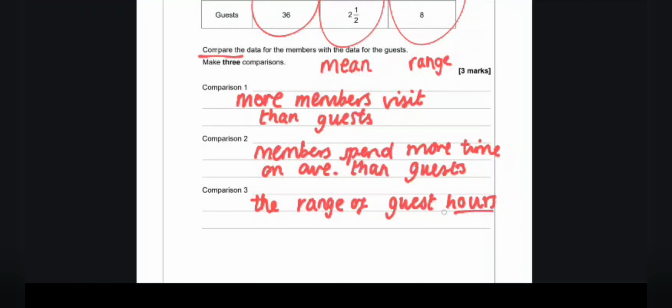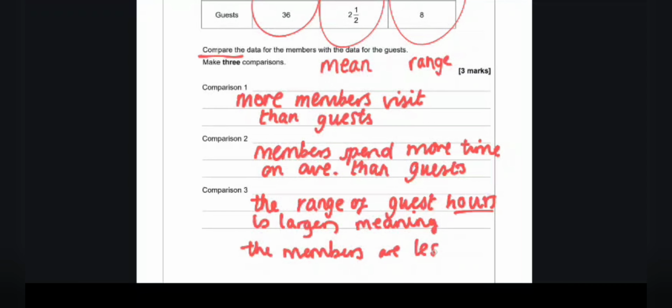So the range of the guests' hours spent there is larger, which means they are different to each other. Members are less varied, members are more consistent.